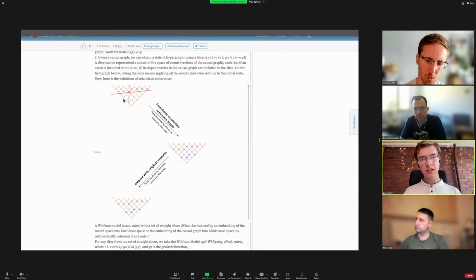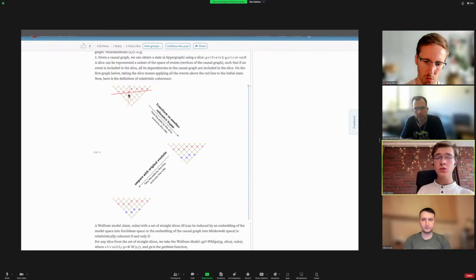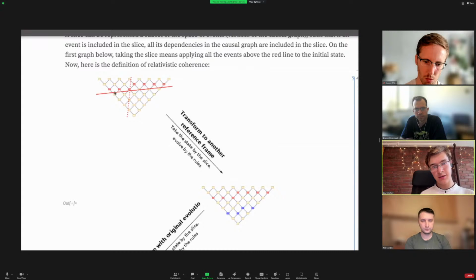However, what is more strict is an infinitesimal Lorentz boost. If you imagine a very, very small velocity in the Lorentz boost, then some of the events in the next layer are going to go in the slice, and some of the events will not.